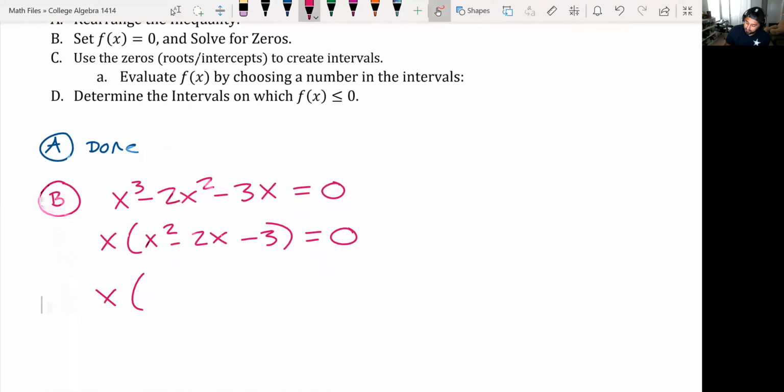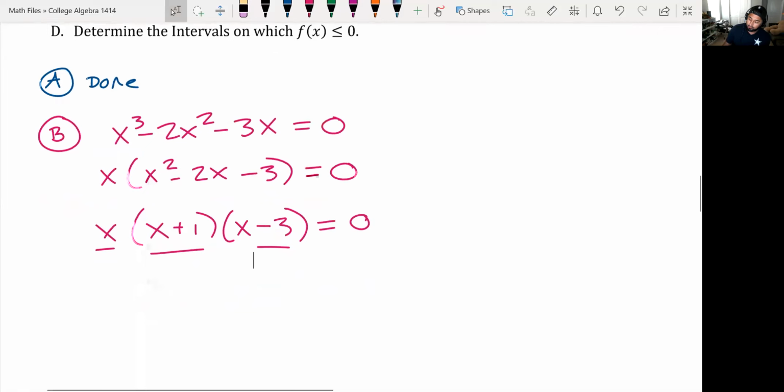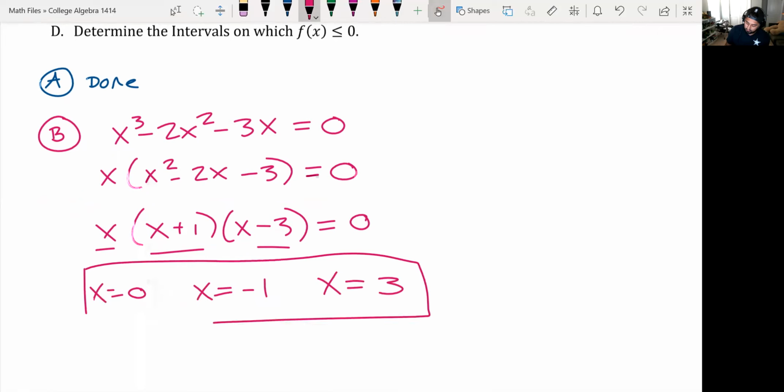Factor that, and you get x times (x plus 1)(x minus 3) equal to 0. Now it's completely factored, so set each factor equal to 0. You get x equals 0, x equals negative 1, and x equals 3. Our degree was 3, which means I should have 3 zeros. Okay, step B is done.